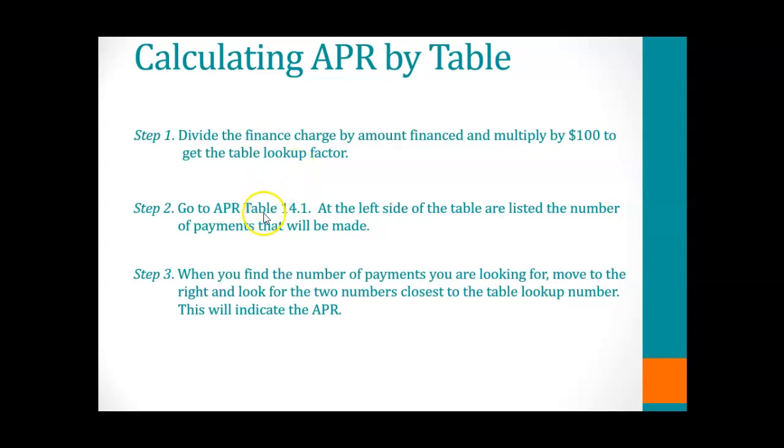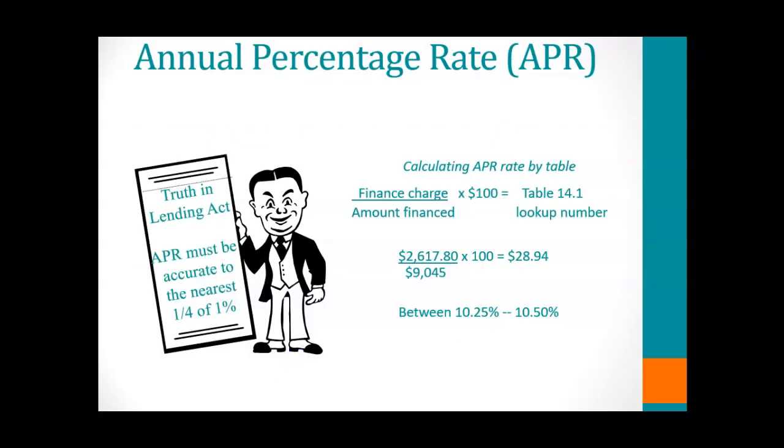We'll then use Table 14.1 to find the actual factor that's going to be represented. And when you find the number of payments you're looking for, we're going to move to the right and look for the two numbers closest to the table lookup number. You're probably saying, what? Let's just do some actual calculations. It'll make more sense.